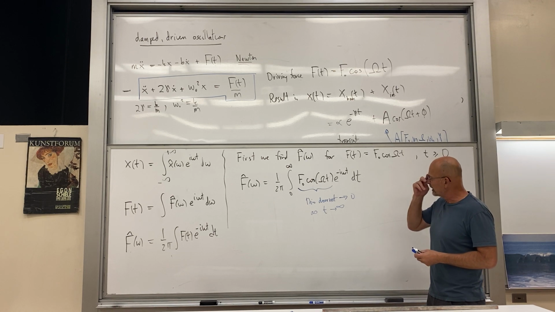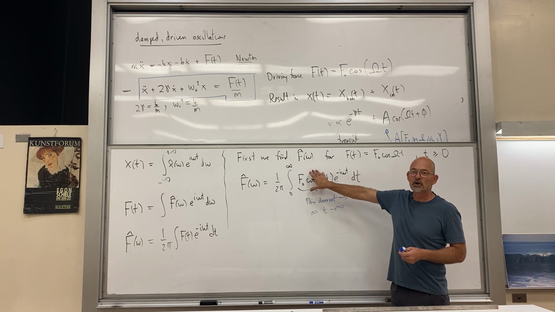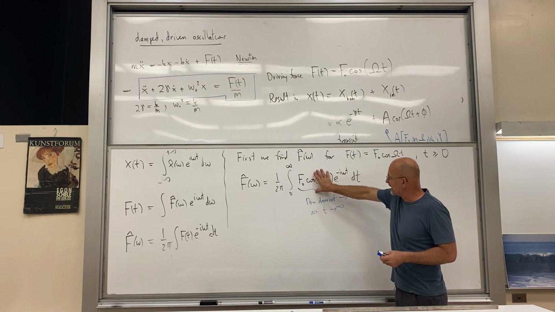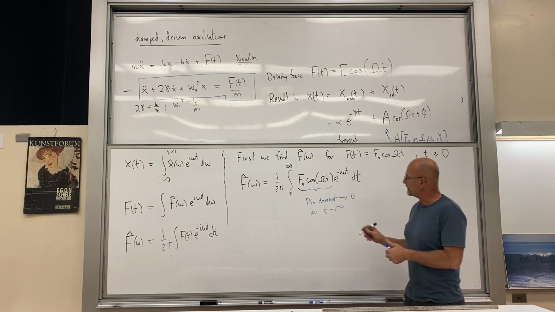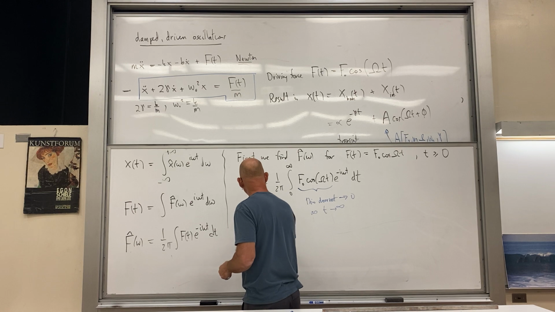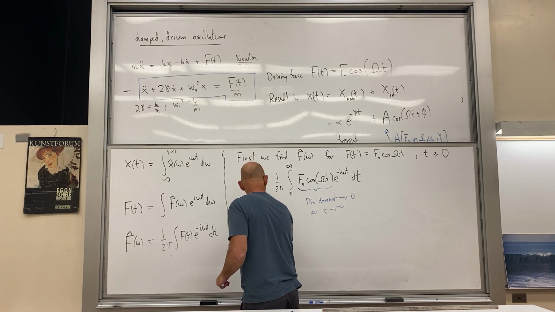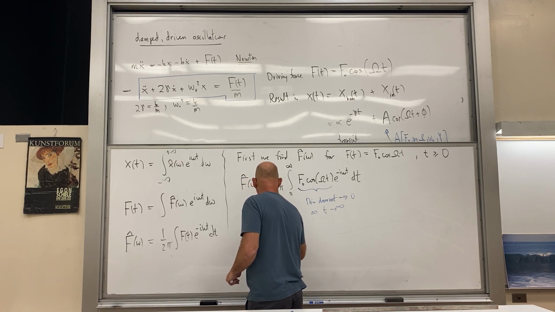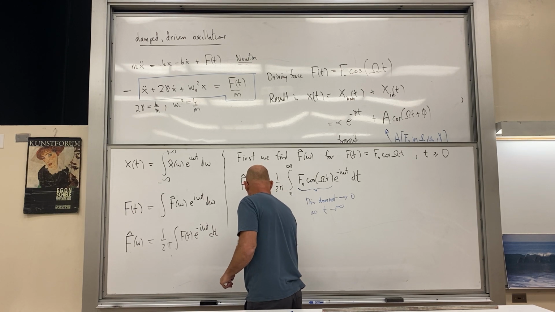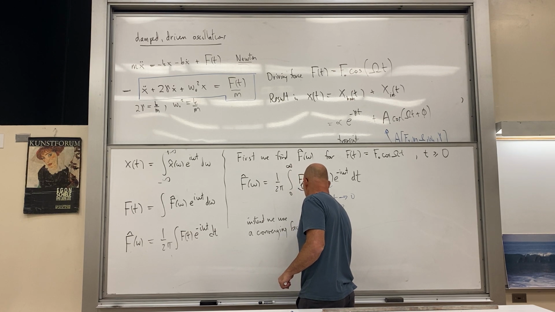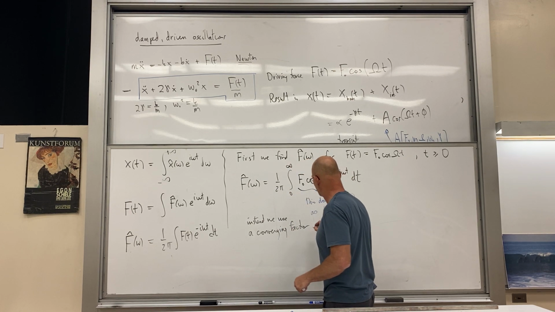And what we're going to do is multiply this by what's called a converging factor, something that'll make it vanish at infinity. I'm not going to give it a new name, but I'll just write here, instead we use a converging factor, and that'll be defined in what I write down next.